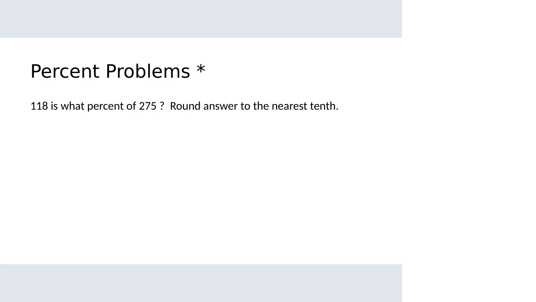We'll start out by translating this from English into an equation. We'll solve that equation, and we want to make sure our answer is in the proper format. I didn't put percent symbols in those answers, but they are all percents.